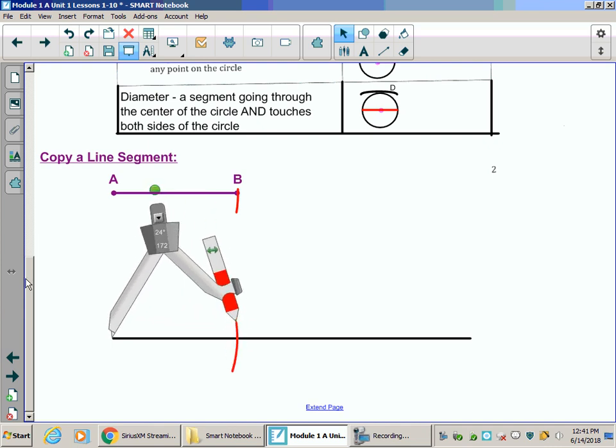And after I do that, because this is a copy, I'm going to call the left end A prime and the right end B prime. Those just signal that I have the same segment copied down on my new segment. And I cross out the rest of it, showing that we didn't really need all that distance there.